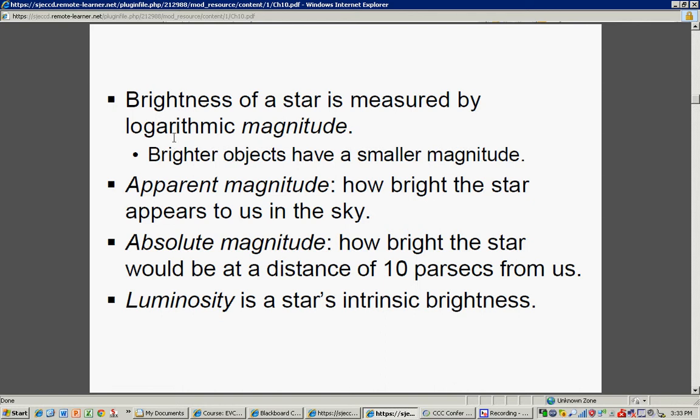Now, these terms are important: brightness, apparent magnitude, absolute magnitude, and luminosity. In the final exam, which is comprehensive, you are expected to have these questions. What is brightness? Brightness is a measure of how much of the energy the star or galaxy sends out that you receive here on Earth.